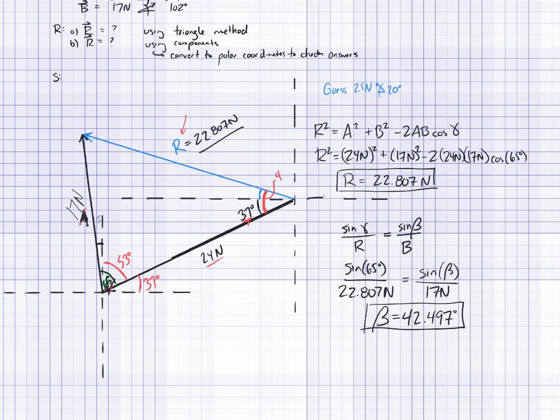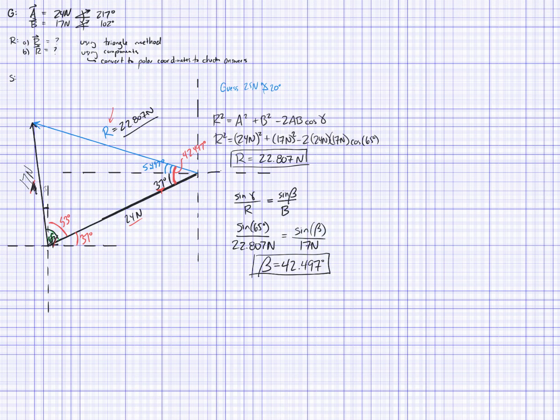This red angle is 42.497 degrees. So that means the angle that we're looking for, this blue angle right here, is 42.497 minus 37, so that's 5.497 degrees. Basically the answer that we would report, when we get to the reporting stage, we're going to do it with 3 sig figs.